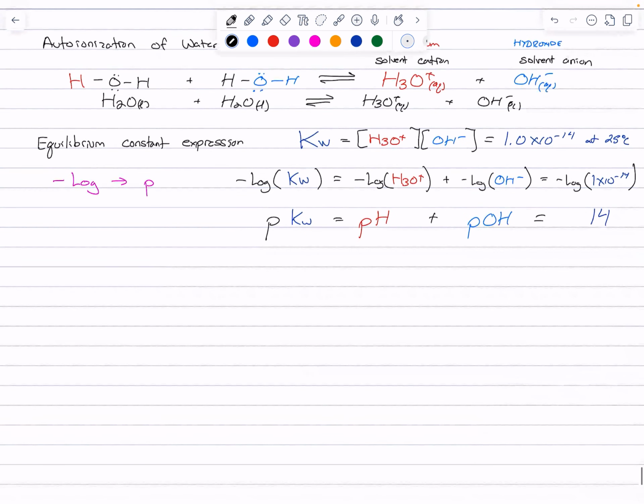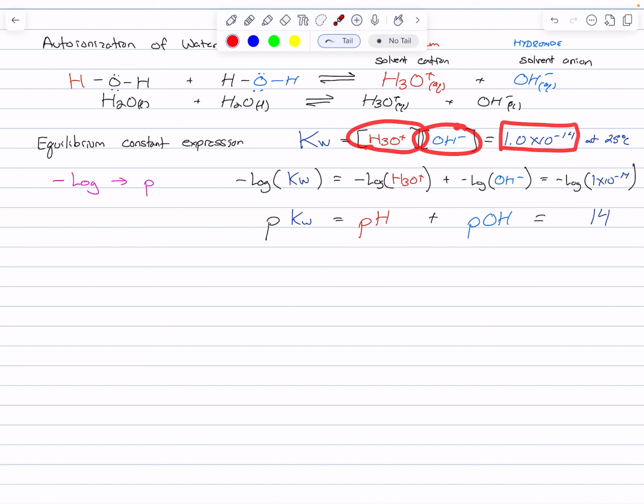So we're going to make a little table of this. But first, if we know the concentration, this number is here for Kw. If these two are equal to each other, what are they?